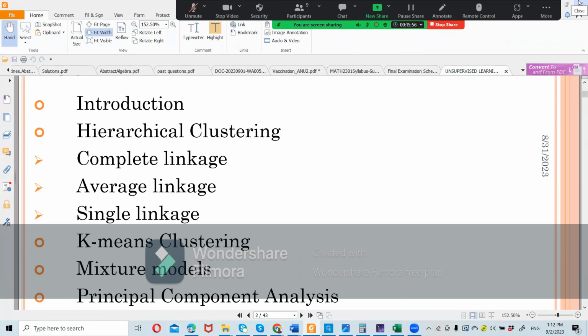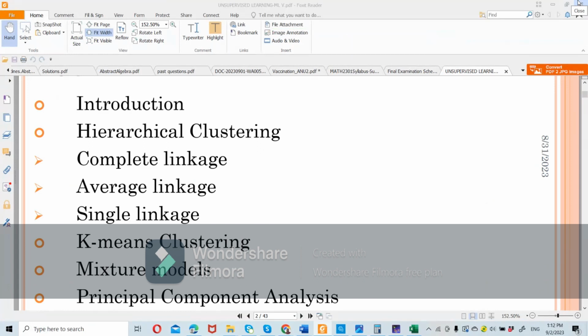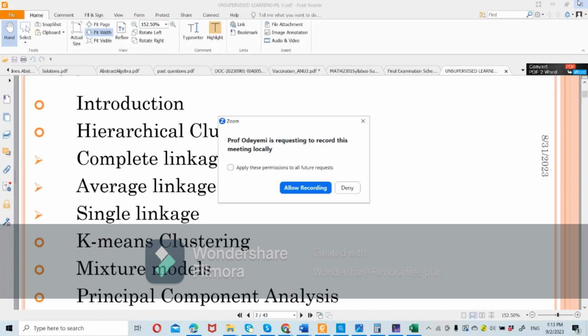Good evening, everyone. We started this series from the introduction, talking about the procedure involved in machine learning. Then we started with supervised learning, and we considered quite a number of models, both the theoretical and the practical aspects.